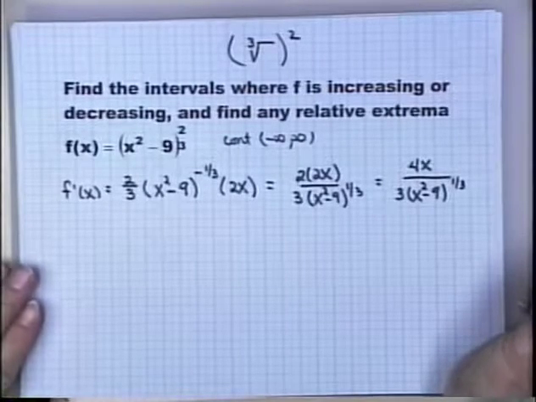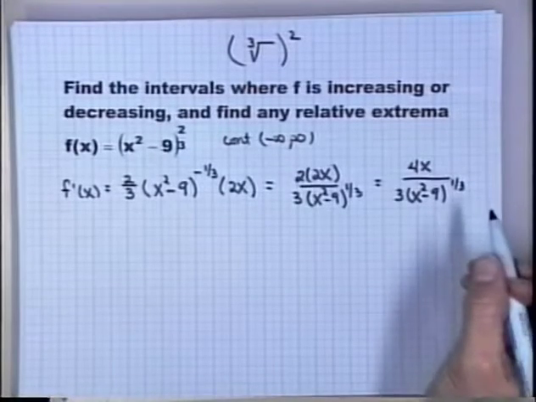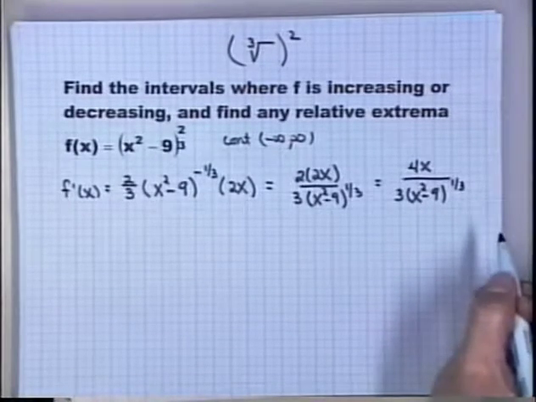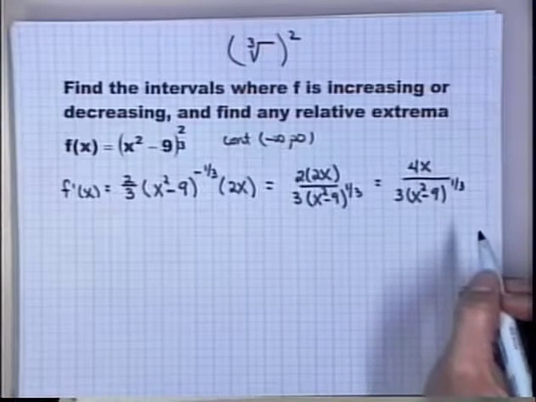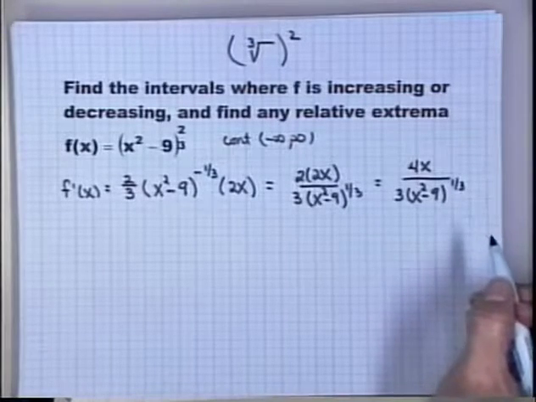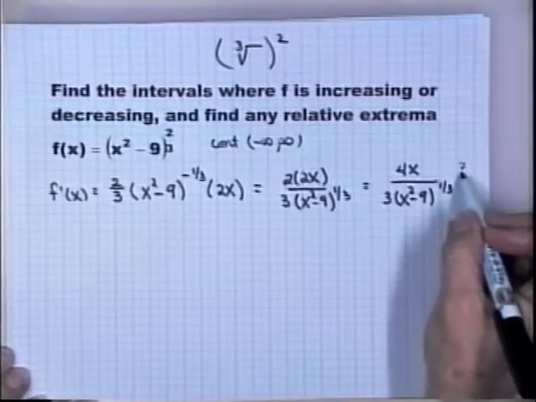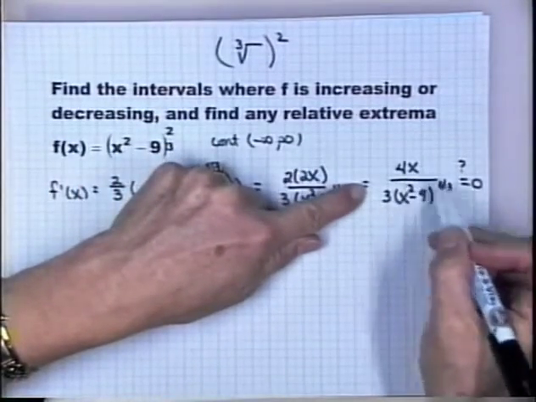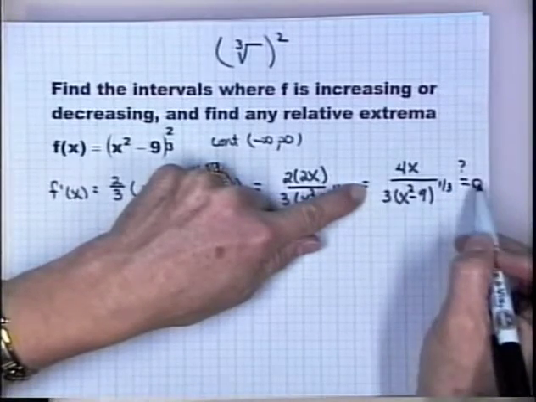Now, don't forget, critical numbers are numbers that will make our derivative equal 0 or undefined. This is the first time that we're going to have critical numbers that result from our derivative being undefined. Notice, first of all, if you say, what's going to make this equal 0? If you have a fraction that is equal to 0, it's the numerator that must be 0.